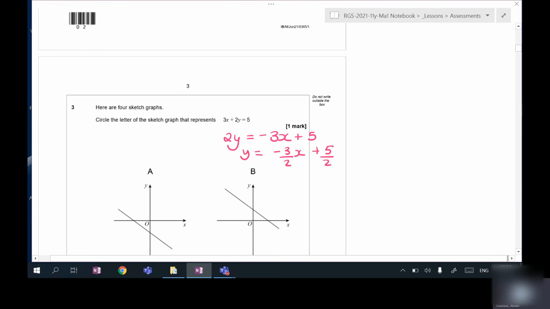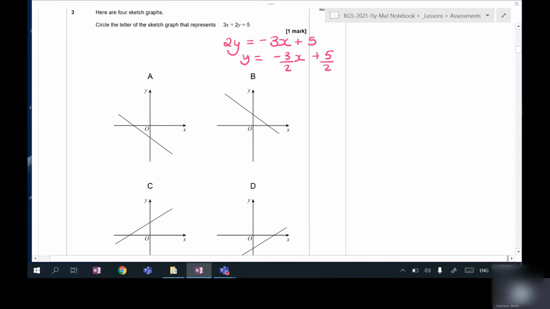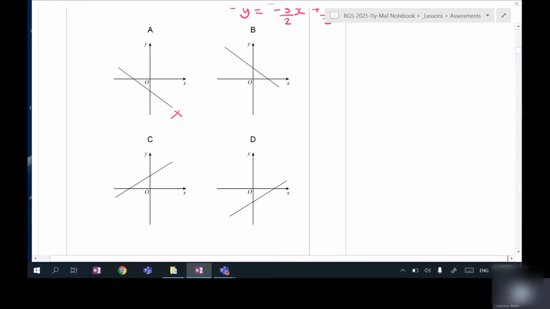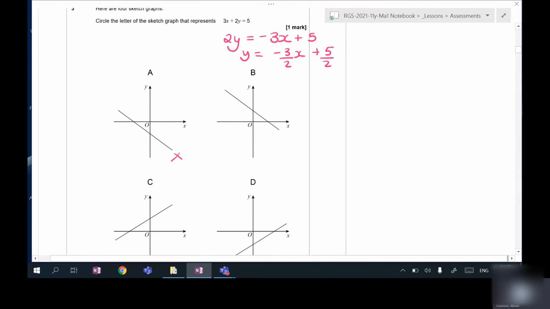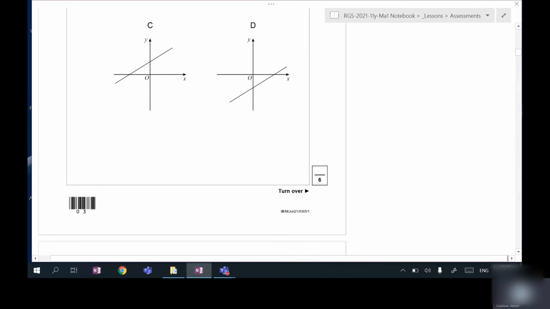So I'm looking for a sketch of a negative gradient and a positive y-intercept. It's not going to be this one because it's got a negative y-intercept. This one has got a negative gradient and a positive y-intercept, so that's good. Just double check, both the other ones, C and D, have got positive gradients. So it is therefore going to have to be B.